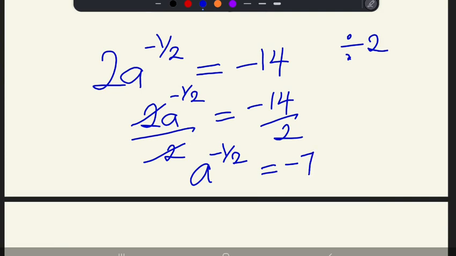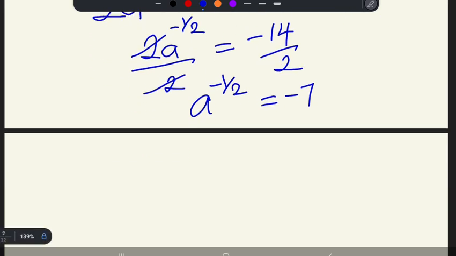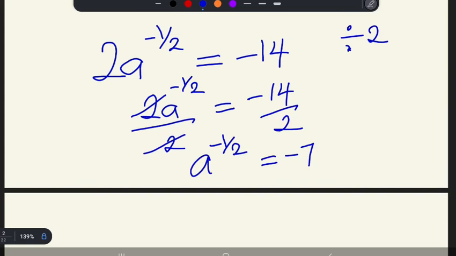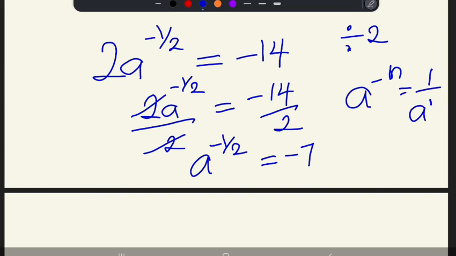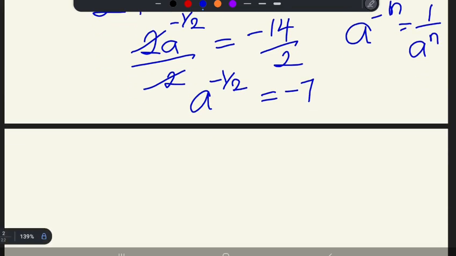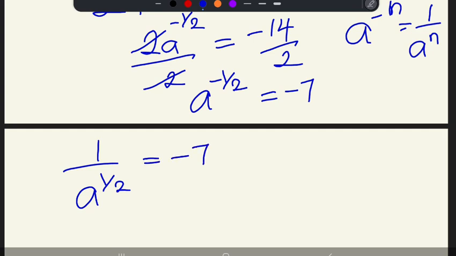At this junction, what do we want to do? You can still remember a law that I said: a raised to power minus n will give you 1 over a raised to power n. Let's apply it to a raised to power minus half to give us 1 over a raised to power half is equal to minus 7.